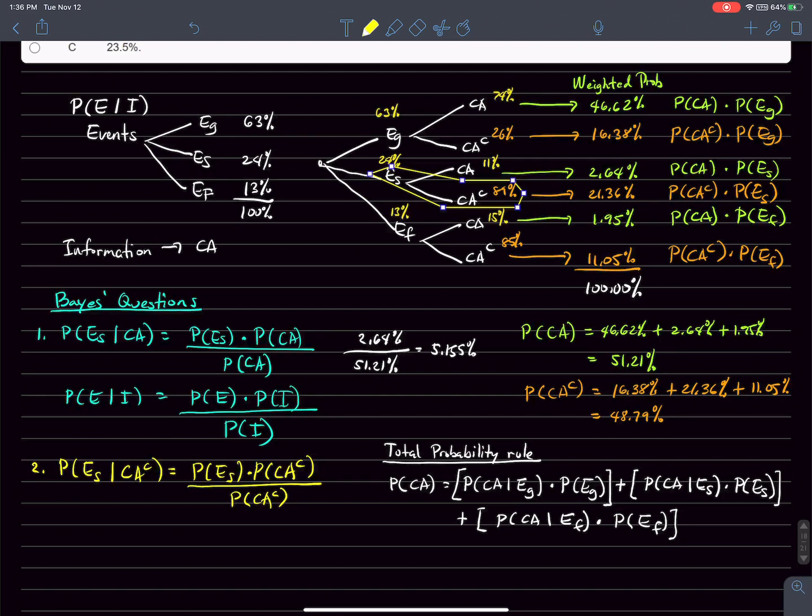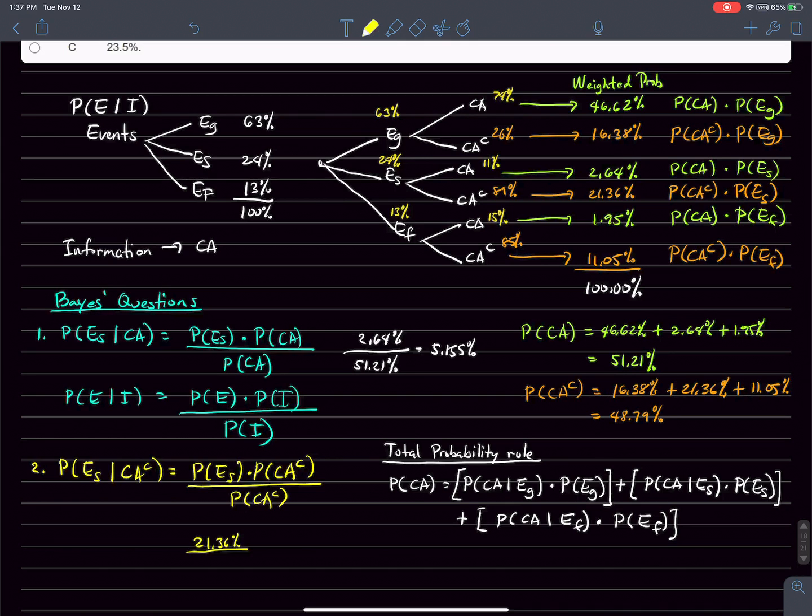So 89% times 24% is 21.36% in the numerator. And then the probability of the complement, currency will not appreciate, or CA complement.